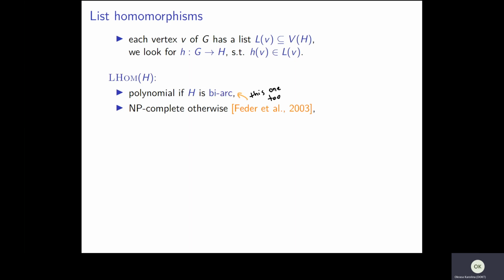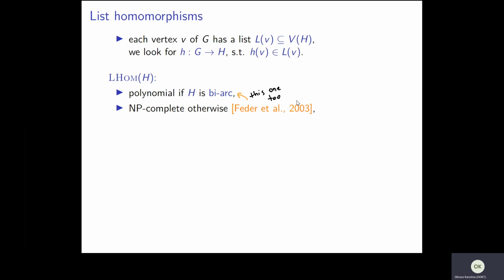So this problem is NP-complete for graphs which are non-bi-arc graphs, and I'm not going to define the class of bi-arc graphs now, as we don't need it, but you can certainly find it somewhere, for example here.